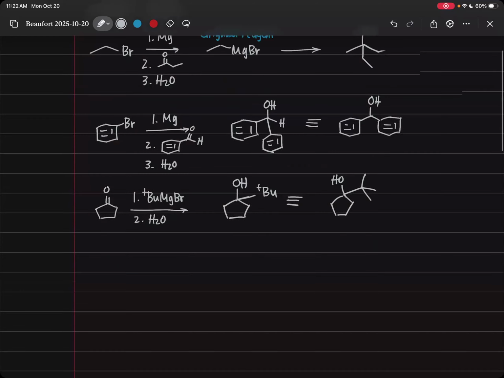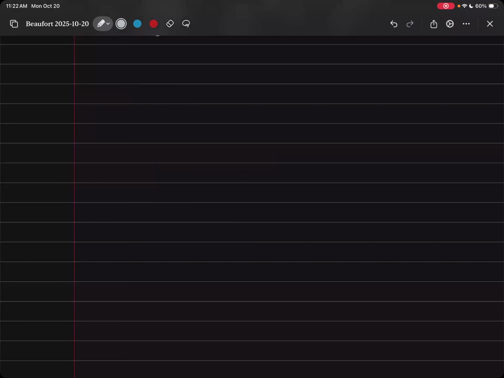All right. So the next and final carbon-carbon bond forming reaction in this section is the one we're doing in lab, and that is the Wittig reaction.